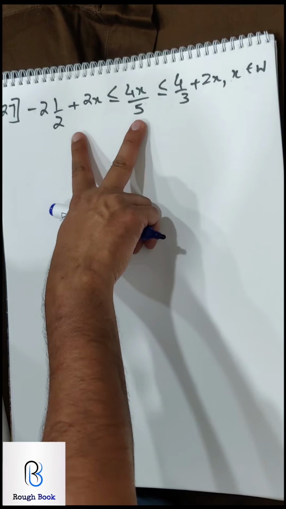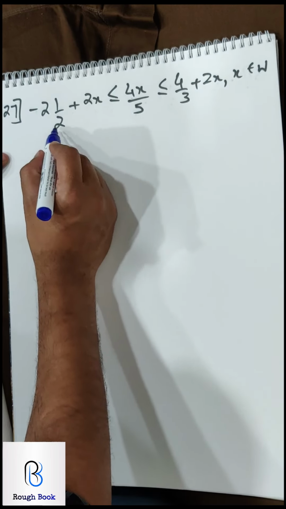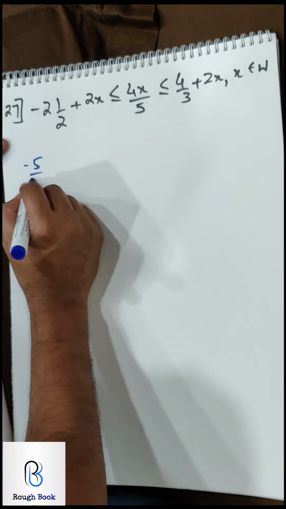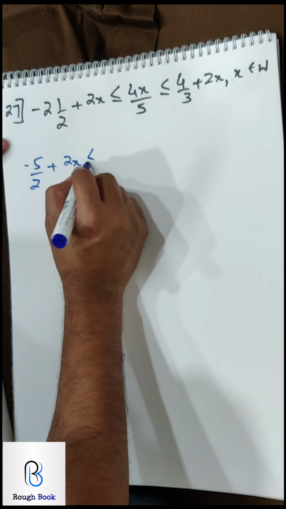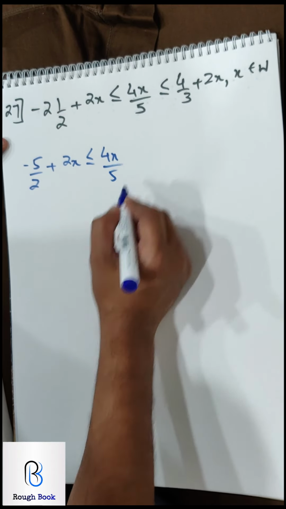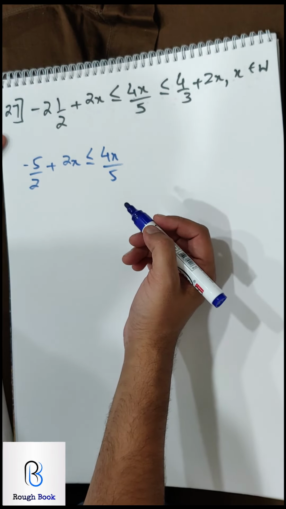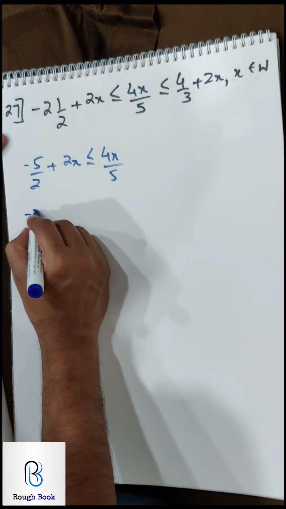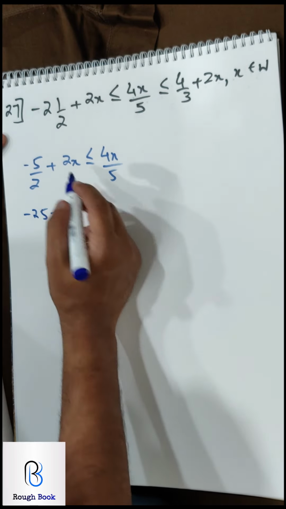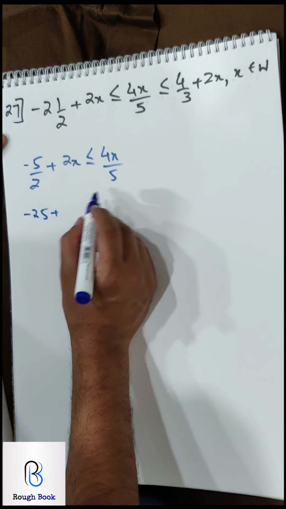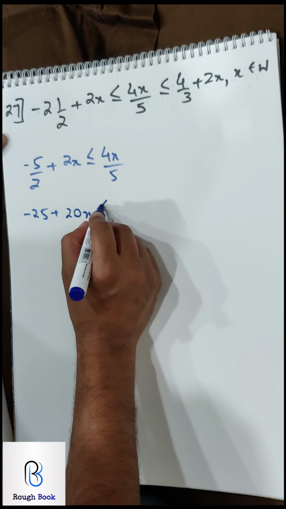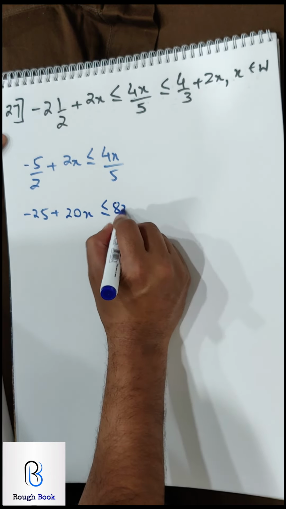Again 2 parts, and then the next 2 parts. So this will be 4 and 1, 5 by 2 plus 2x, 4x upon 5. So LCM I will take, that will be 10. So this will be 25, this will be 20, and this will be 8x.